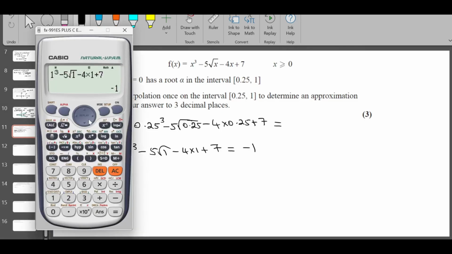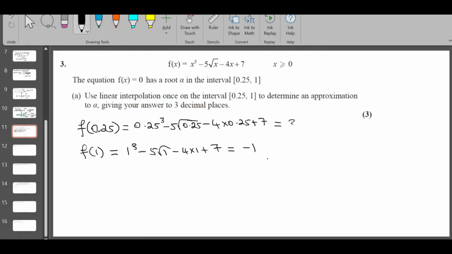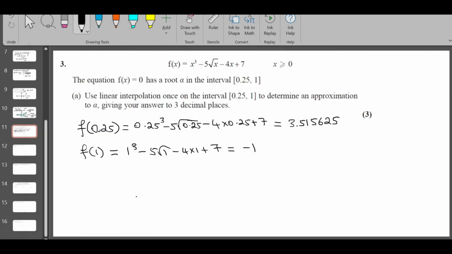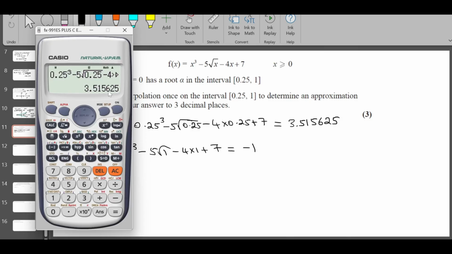Now I'm going to change all the 1s to 0.25. 5 square root of 0.25, 4 times 0.25 plus 7. 3.515625. So when you calculate, if you get so many decimals, immediately store the value as A or B.